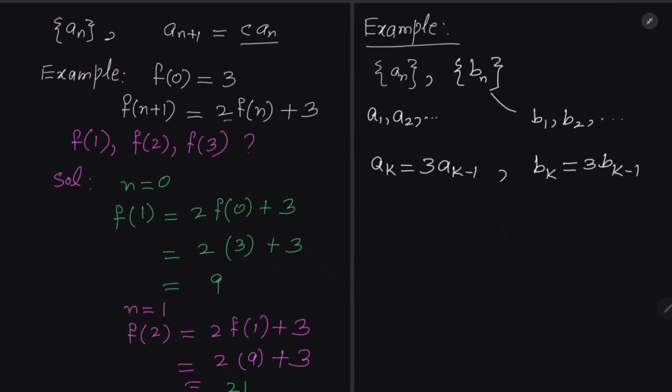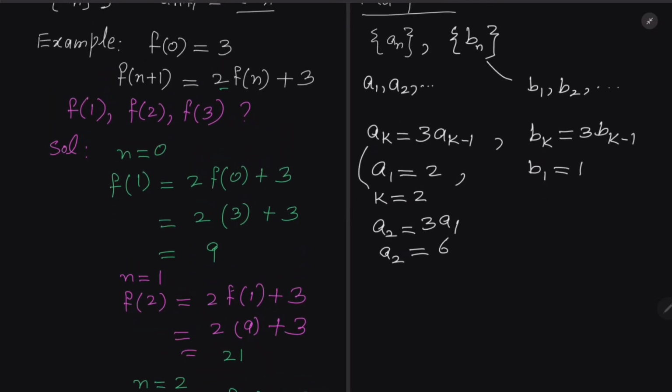The reason is that the seed value will be different in both cases. Suppose I take any seed value. Suppose I take the value for a1, that is the seed value. a1 is equal to 2 and b1 is equal to 1. Now I put the value for sequence a, k is equal to 2, a2 will be equal to 3 times (2 minus 1)... that is, 3 times a1, so 3 2s are 6, so we get a2 is equal to 6.